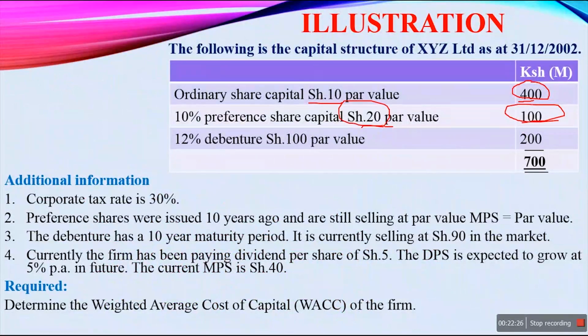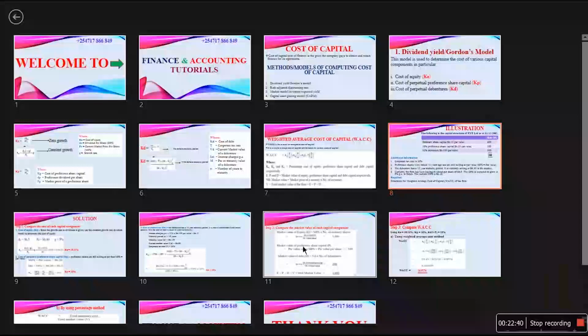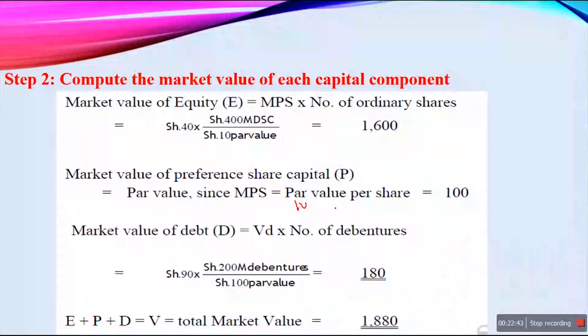So 100 divided by 20, you get that as 5. So it means that the number of preference shares were 5 million. We have 5 million preference shares. So 5 million preference shares, you multiply that by the current value, that is 20 shillings, so this will be 20 multiplied by 5 million to give us 100 million.